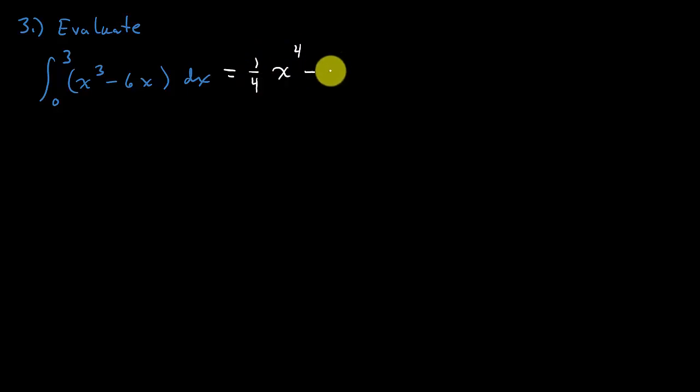And then that's minus, and then 6 times x to the first power. So I add 1, that's going to be x squared, multiply by the reciprocal of the new exponent, so that's 1/2, and that's evaluated from 0 to 3.